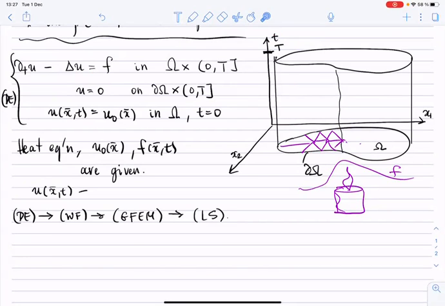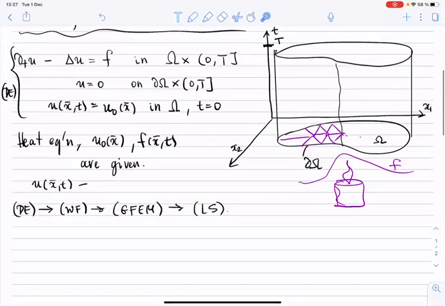So the time is continuous, you don't discretize on time. So you will end up with ordinary differential equation. So I think we did it in BV3 course, but if you don't remember, don't worry, we will just repeat the same steps once again here.